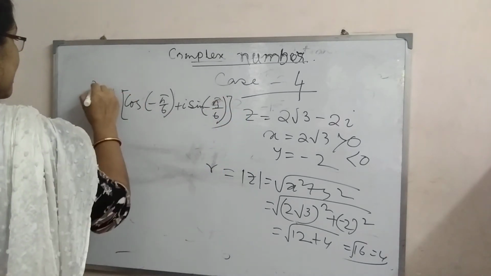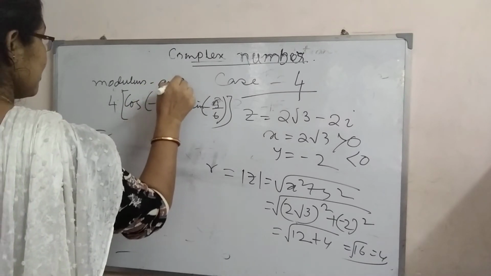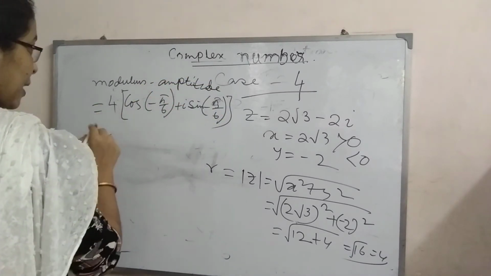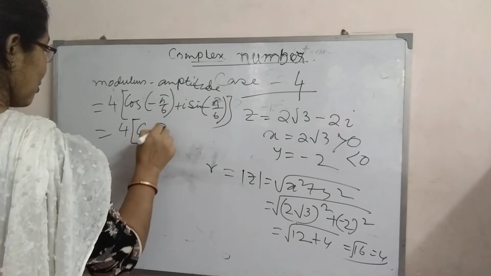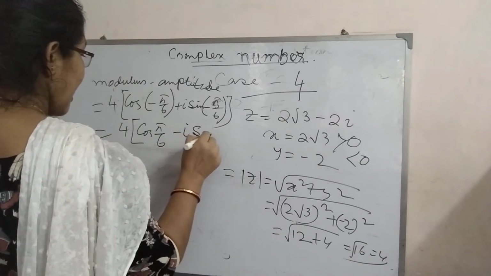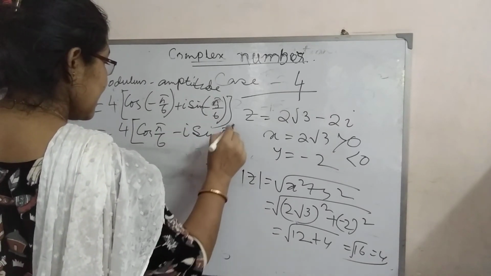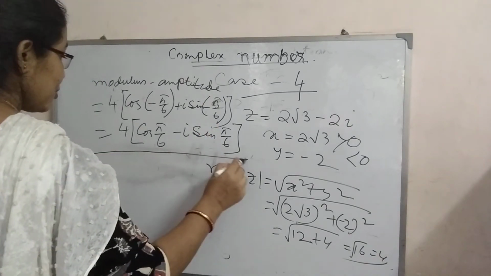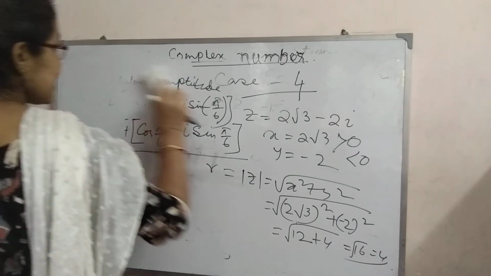Since cos of minus theta equals cos theta, and sin of minus theta equals minus sin theta, this becomes 4 [cos pi by 6 minus i sin pi by 6]. This is the modulus amplitude form of z.